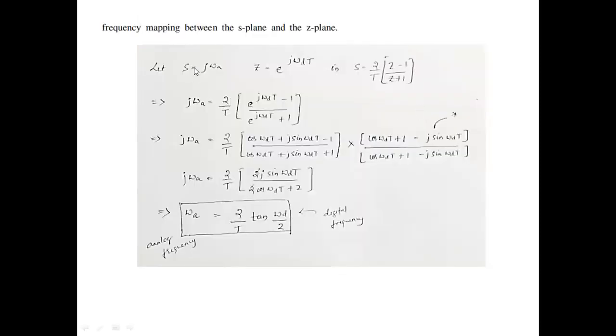So let s equal to j omega a and z equal to e to the power j omega d into T. I'm telling this because it is compatible with your prescribed textbook. So with this mapping, let me substitute s equal to j into omega a, z equal to e to the power j omega d into T, minus 1.